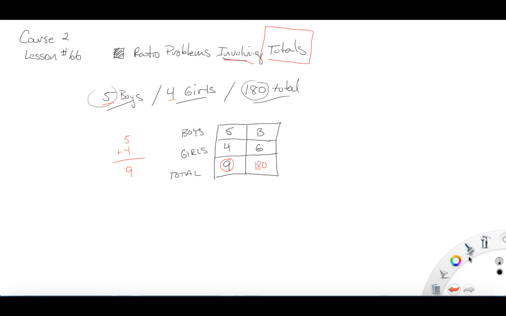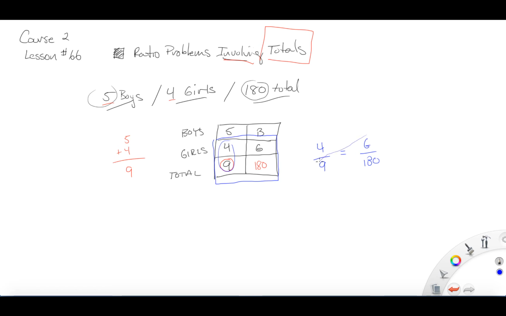Okay, now watch this. To find out how many girls there are, we're going to take the bottom 4 boxes, and we're going to say 4 over 9, represented right here, equals girls, we don't know, over 180. Okay, how do we figure this one out?